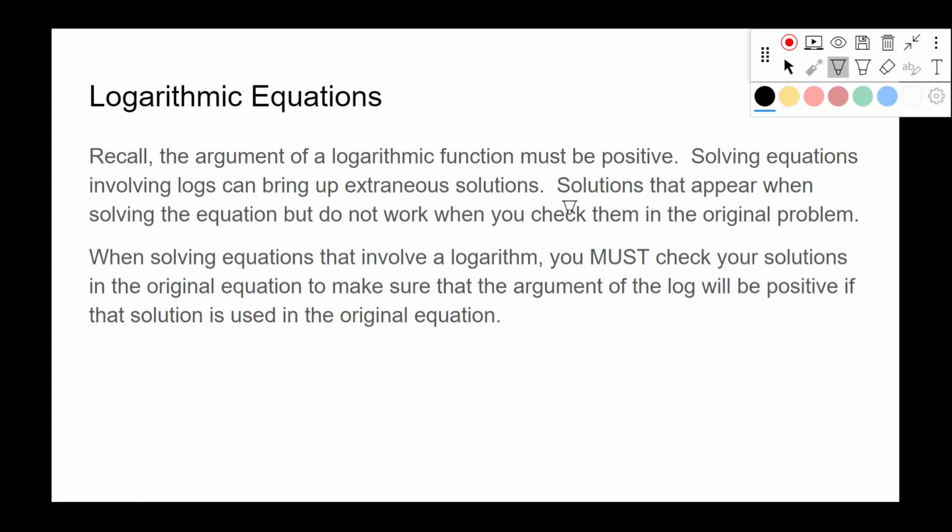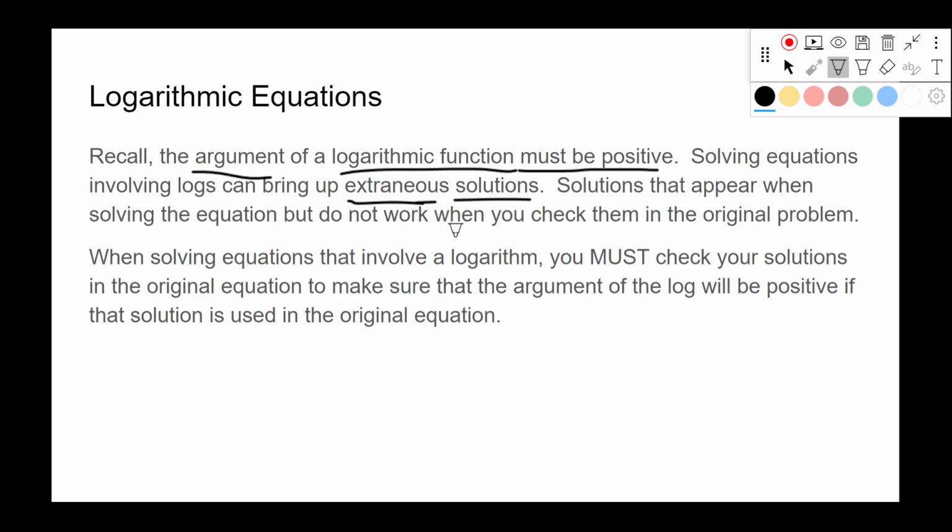A couple of things that you need to remember. The argument of a log function must be positive. It cannot be negative. Solving equations that involve logs can bring up extraneous solutions. You've seen them before, maybe in Algebra 2 or in previous classes. They're solutions that appear when solving the equation but do not work when you check them in the original problem.